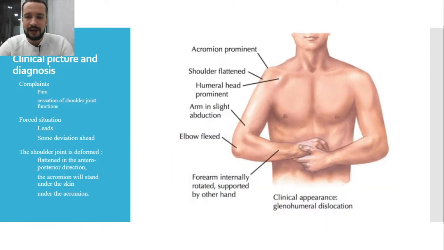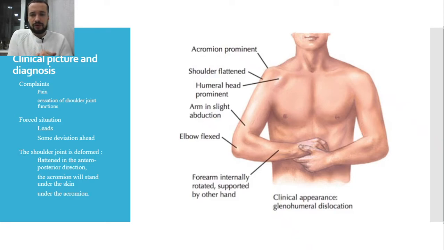Complaints of pain and cessation of functions of the shoulder joint which occurred after the injury. The patient holds the injured arm with his healthy hand, trying to fix it in the position of withdrawal and some deviation from the front.